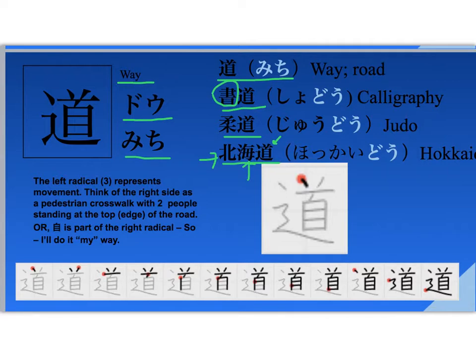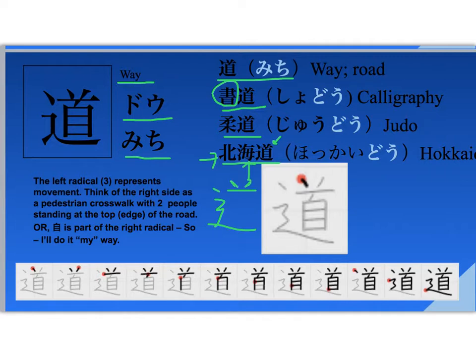Sort of a way of remembering this is the left radical represents movement. So this thing that looks kind of like a 3 sort of represents movement. You see this in radicals where there's some sort of movement indicated. On the right side, a little trick here. You have 2 pedestrians who are on the edge of the sidewalk.